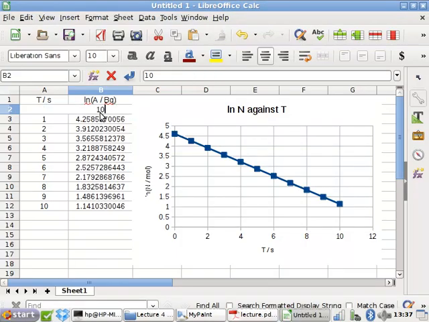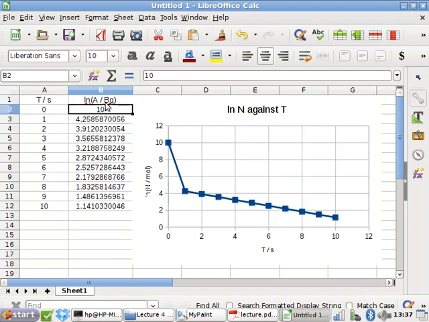I'll have to get the log of it. When you do log a minus log a, the slope has no unit. The log might not have units, but the original thing inside the log had units.